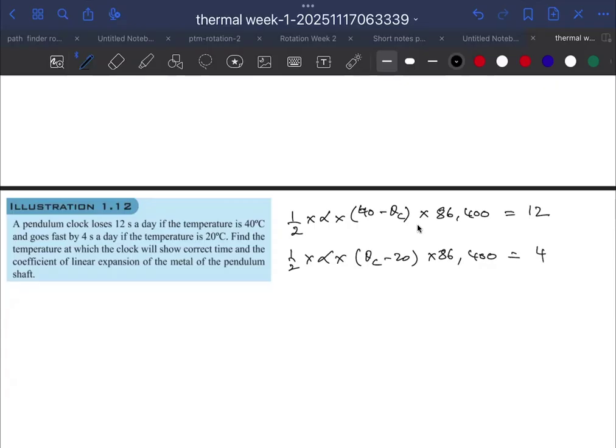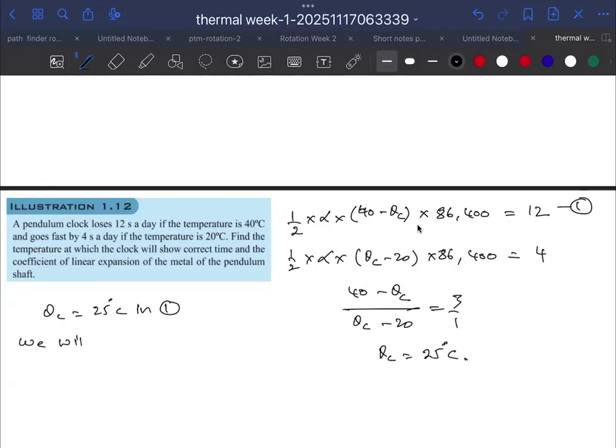The question is done. Go for the ratio. By taking the ratio, you will get the correct answer, 25 degrees centigrade. Theta C is 25 degrees centigrade. Substitute in any one of the equations and you will get alpha. By substituting theta C equal to 25 degrees in equation 1, we get alpha. That's all. I'm not worried much about this.